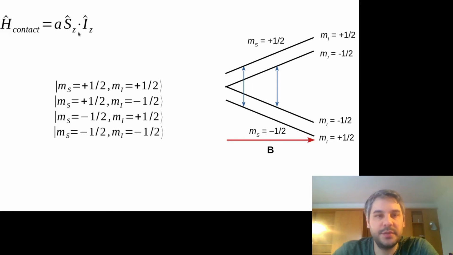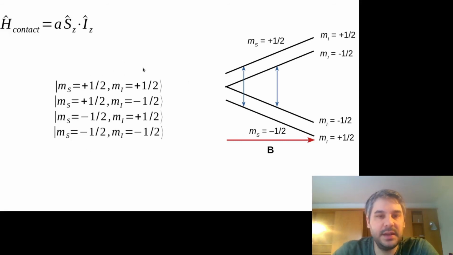for the isotropic splitting, and in order to analyze more in detail what happens, we are going to choose the simplest possible system, which is a spin 1/2 for an electron and a spin 1/2 for a nucleus. So again, we have transitions that don't change the value of the nuclear spin. So we have four possible states.